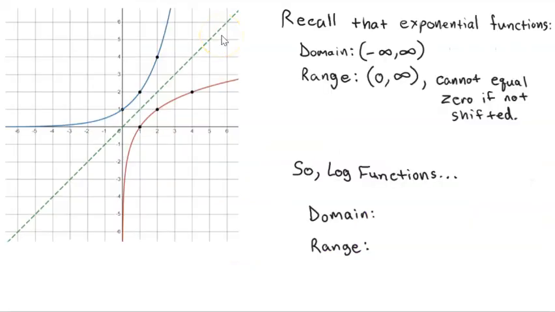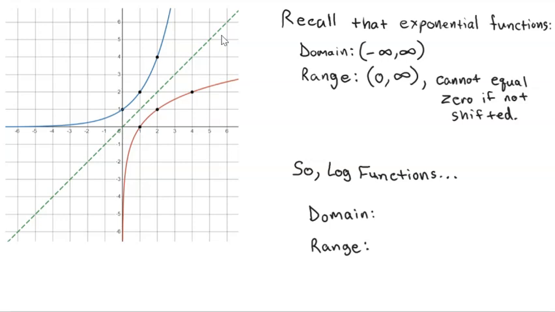All right, so you can see here, this is the graph of an exponential function, this blue one here. And this red one is the graph of a logarithmic function. This is the line y equals x, and you can see that the red one is a reflection of the blue one over the line y equals x, and that's basically what we get with inverses.